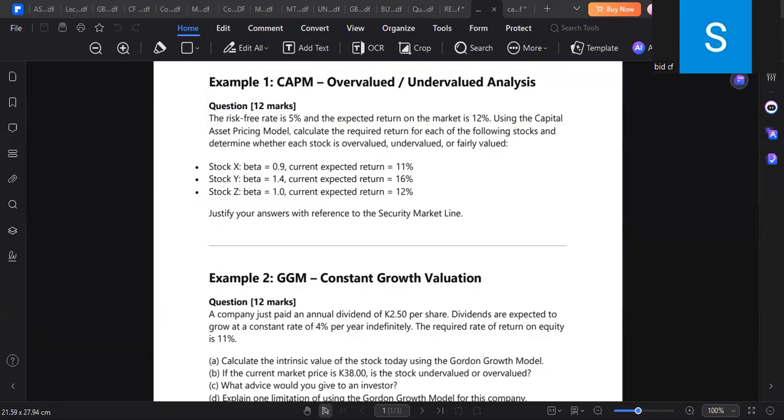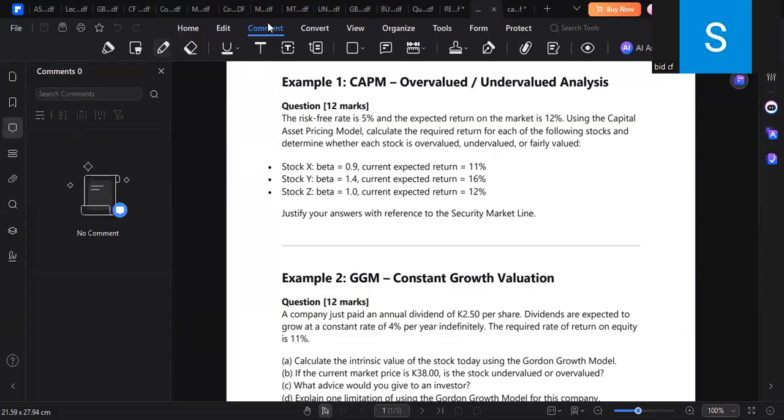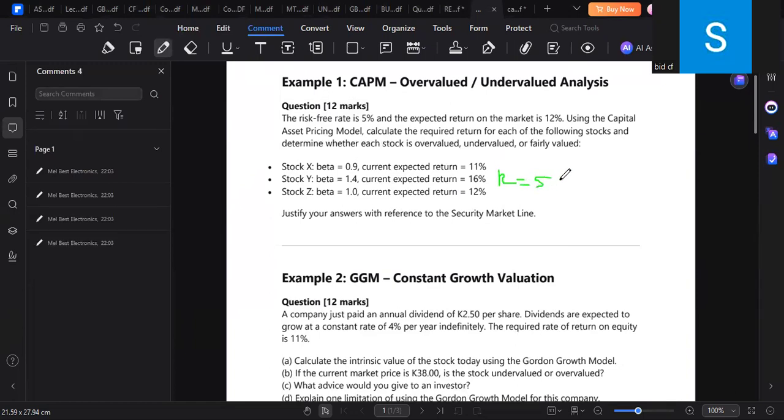So let's try to calculate for Y quickly. What is the return for Y? We're going to base it on the actual, which is 16%. So how do we calculate the return for stock Y? The return is equal to what? Risk-free rate. What is our risk-free rate? 5%, right? Plus, what is the beta? 1.4.